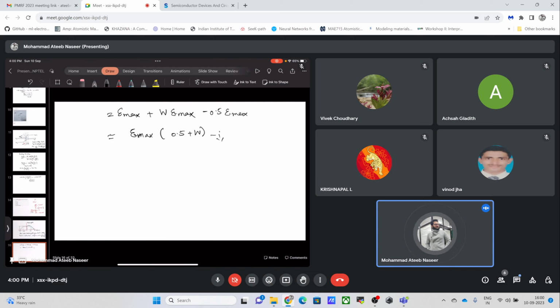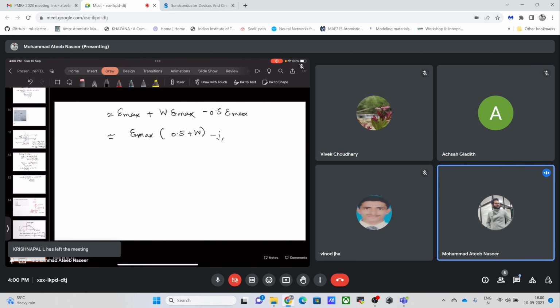And now if we try to find out the maximum electric field, we need to use the Poisson equation again.